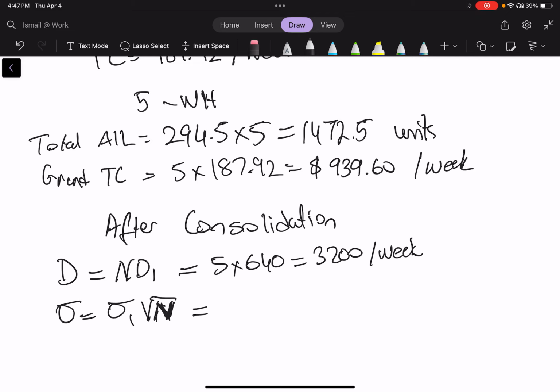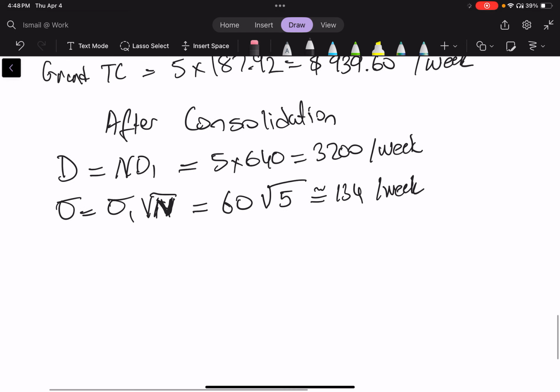And that would be 60 times square root of 5, and that is approximately, I did calculate earlier, 134 units per week, right?